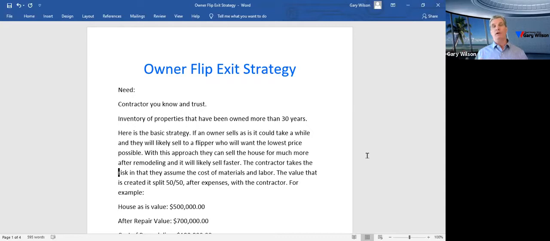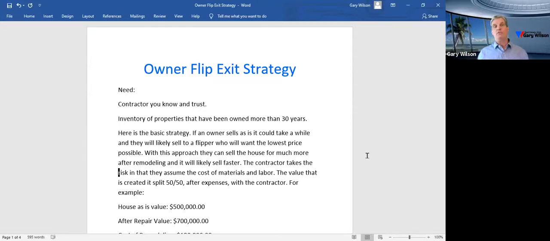So you want to find a contractor who's got a good resume, a good track record of doing good work. And if you don't have one, you can interview them and always ask for a portfolio of jobs that they've done. You want to see before and after pictures, cost sheets, things like that. So just remember that. That's not in this checklist here. If you don't have a contractor, interview three of them, ask for references, ask for a resume, and ask for a portfolio of jobs that they've done, including before and after pictures and cost sheets, okay?